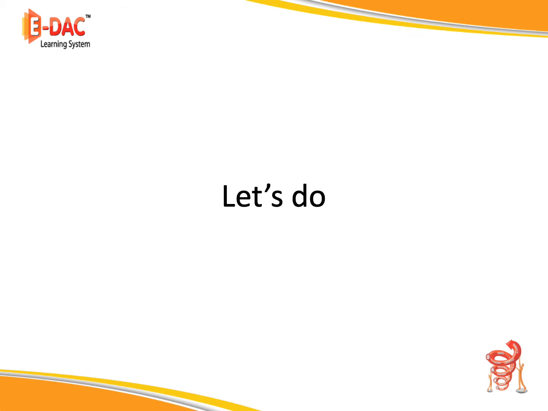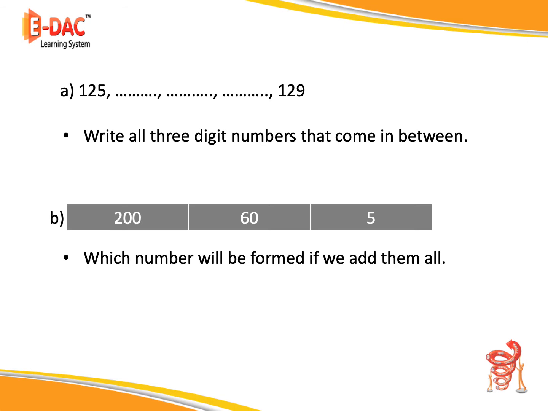Let's do. On this screen, you can see two questions. In the first question, you see two numbers. What you have to do is write all the 3-digit numbers that come in between these two numbers.